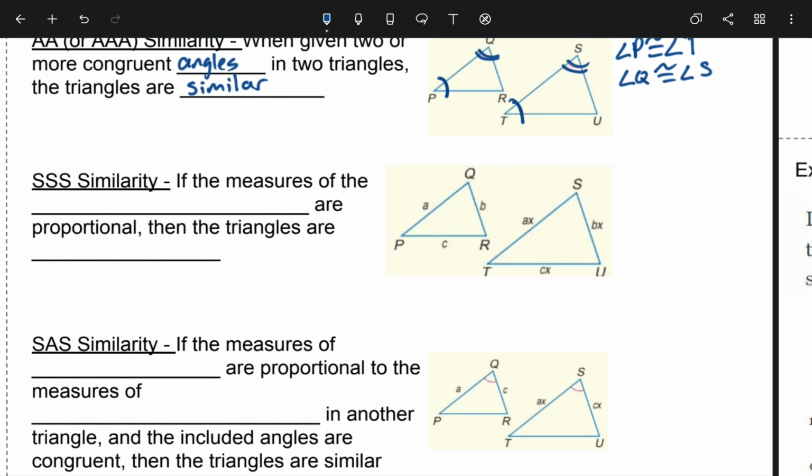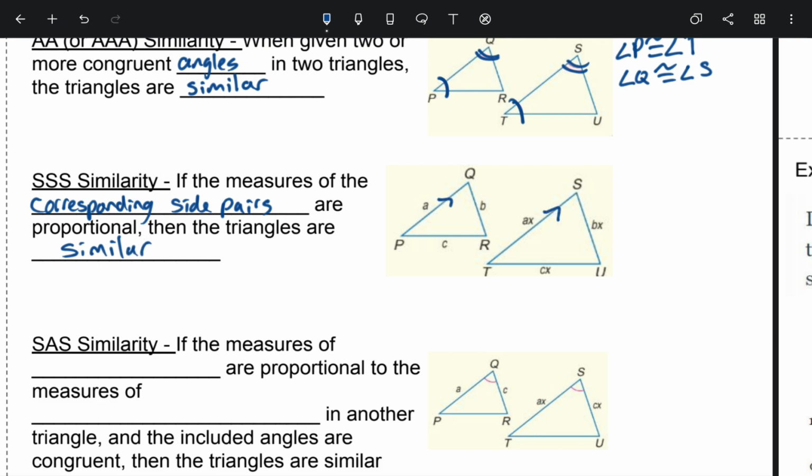Now this third one is SSS, or side-side-side similarity. So if the measures of the corresponding side pairs are proportional, then the triangles are similar.